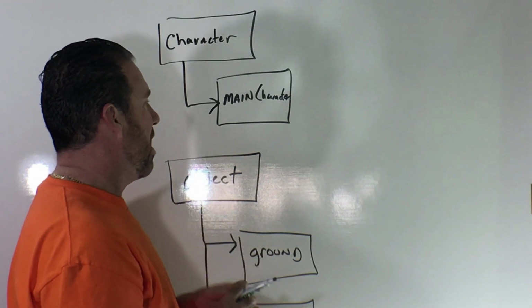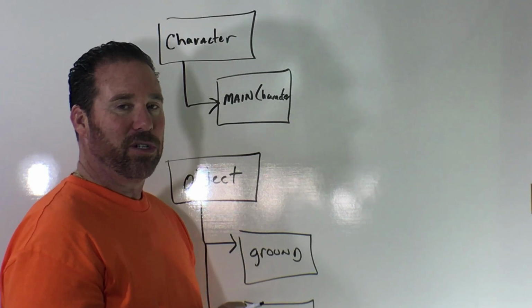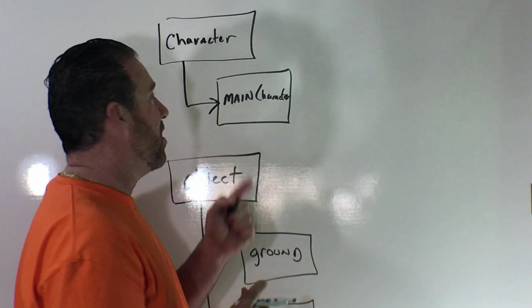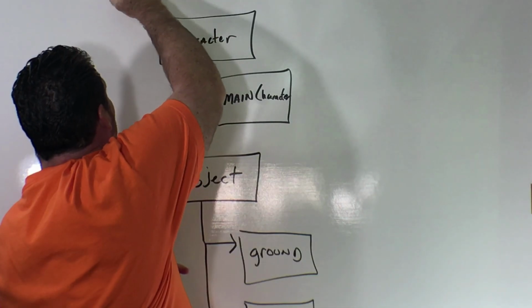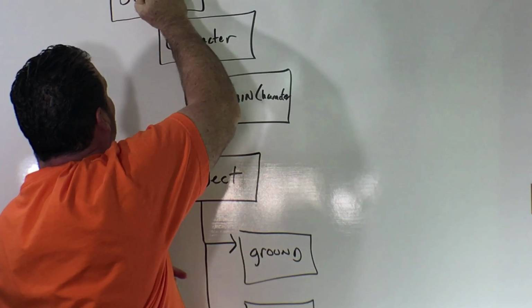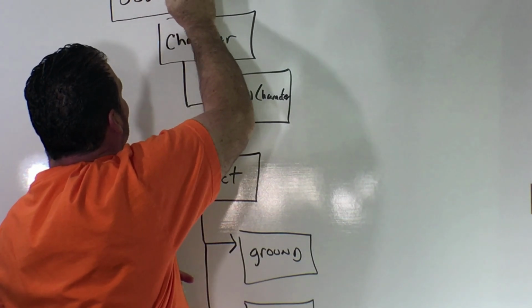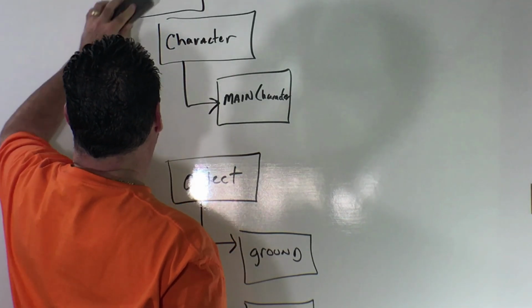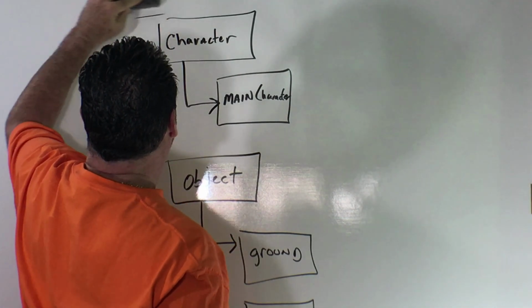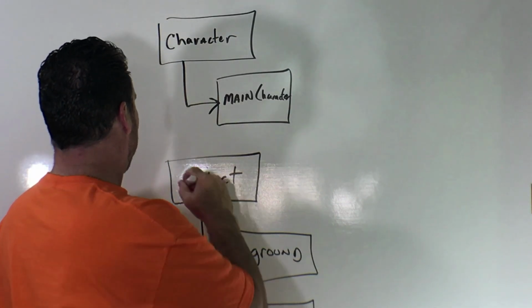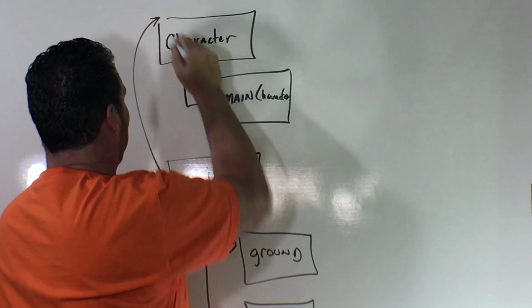Now, it's my theory, and I'm not sure exactly how this is written, but it's my theory that object's above character. So I feel like this is like this. Okay, so character is an object also. Whoops, that's going to be a little bit out of the screen. I just realized that. Okay, so I have a feeling that this object is actually up here.